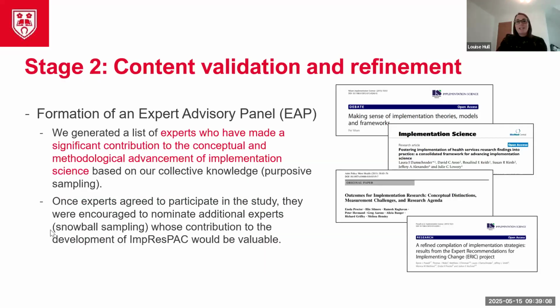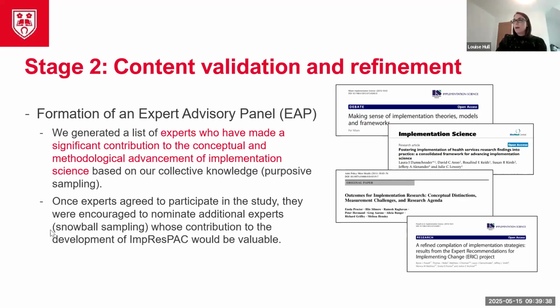So moving on swiftly to stage 2, once we had our 55 domain items and our user instructions and scoring, we sought to form an expert advisory panel. So the ImpResPAC development team developed a list of experts who we had identified as having made a significant contribution to the conceptual and methodological advancement of implementation science.